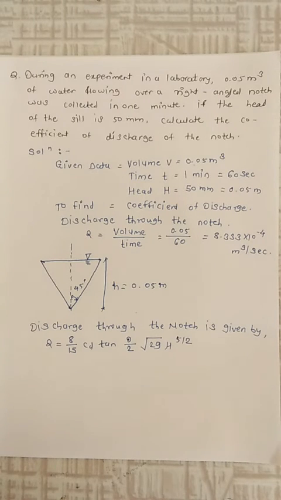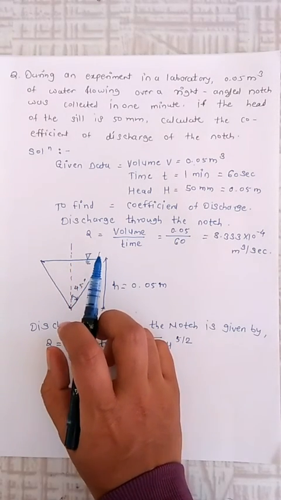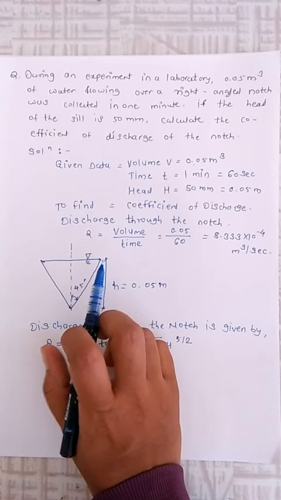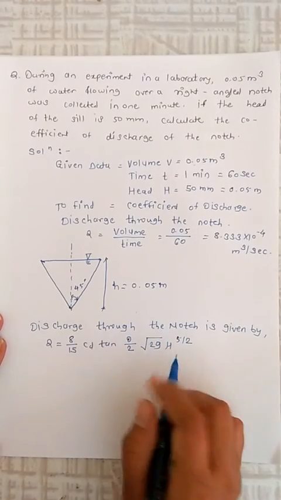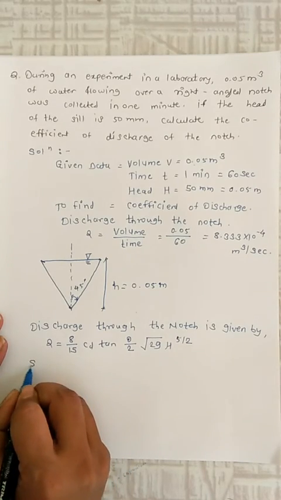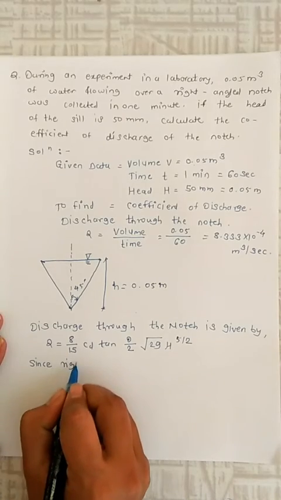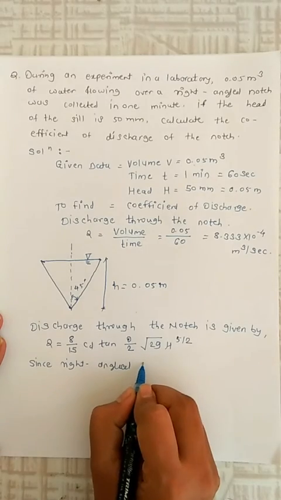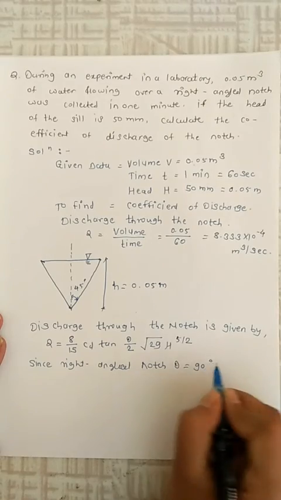As shown in the diagram, the notch makes an angle of 90 degree. So for a right angle notch, theta is equal to 90 degree.